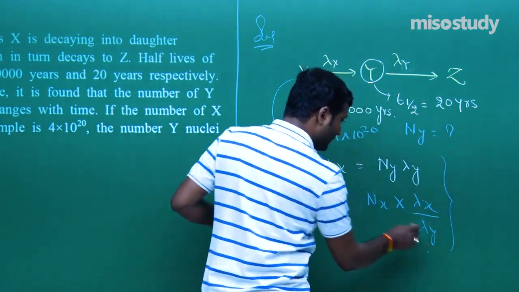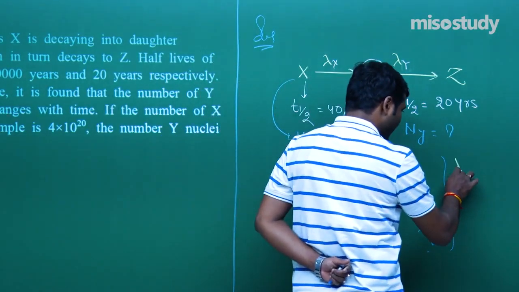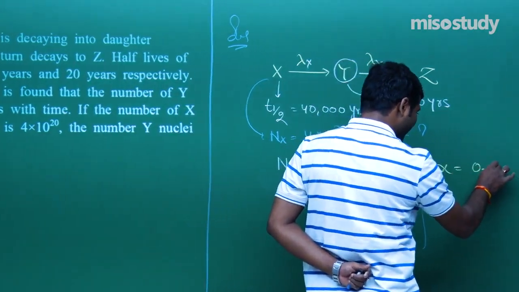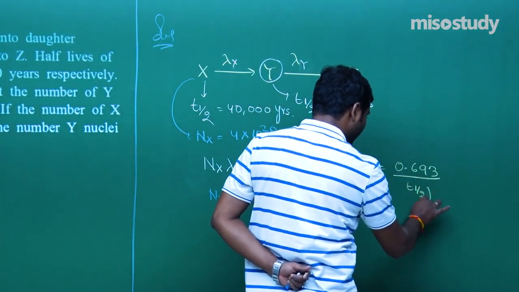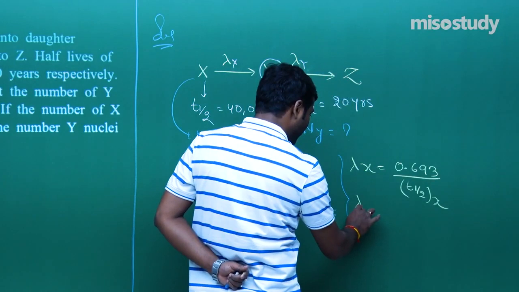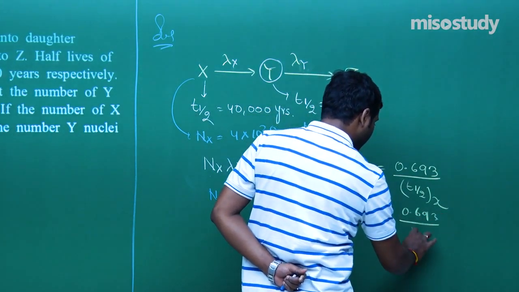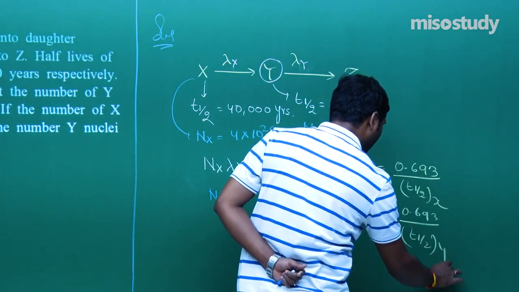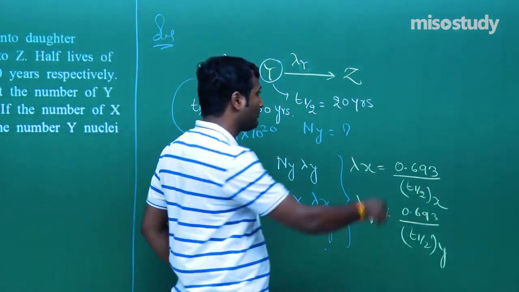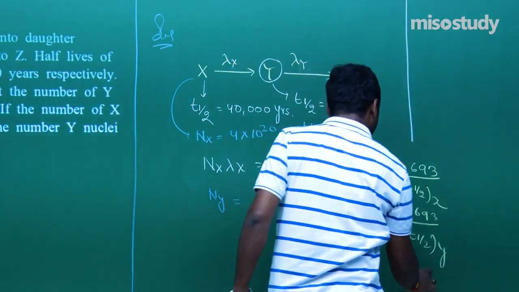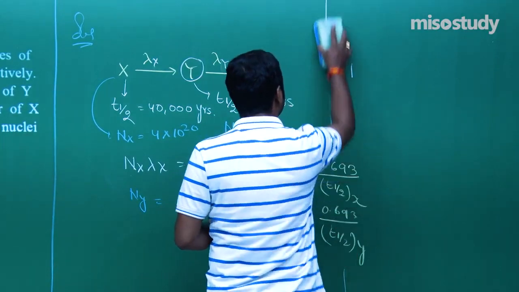But we do not know the values of lambda X and lambda Y. We know lambda X is equal to 0.693 upon T half in case of X, and lambda Y is equal to 0.693 upon T half of Y. Now put this value, what will happen? I am moving here, check it out, my friend. Wait for a moment.